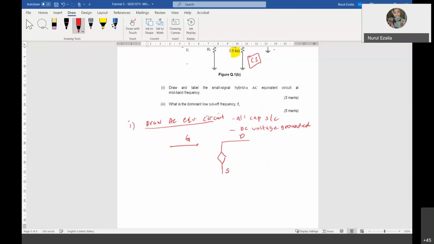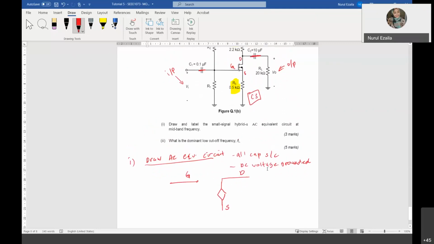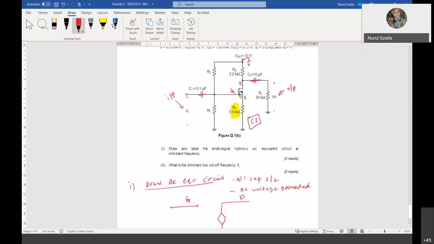May I know, for the gm VGS, is the arrow going down or going up? What type of MOSFET is this, NMOS or PMOS? NMOS. Therefore, ID is going down from the drain to the source.